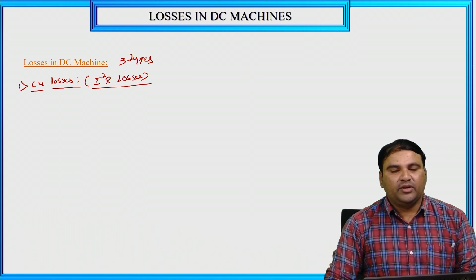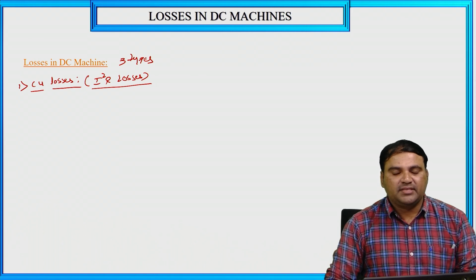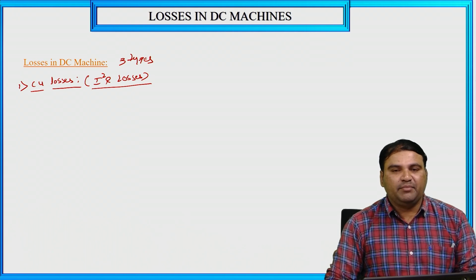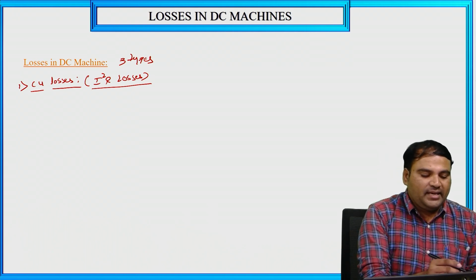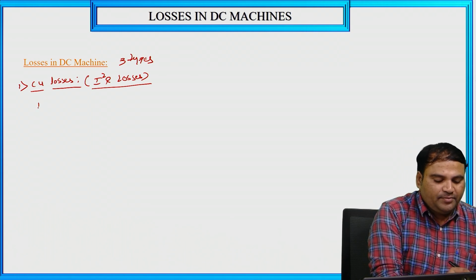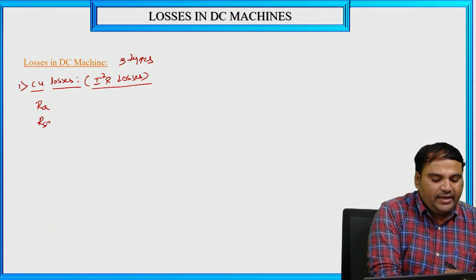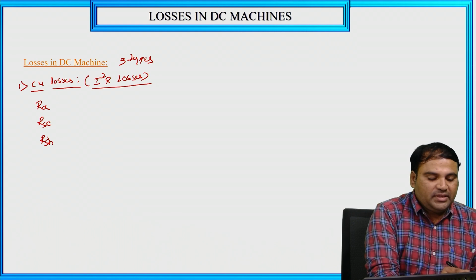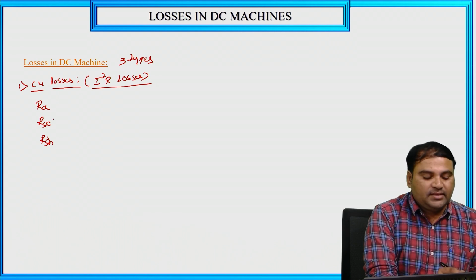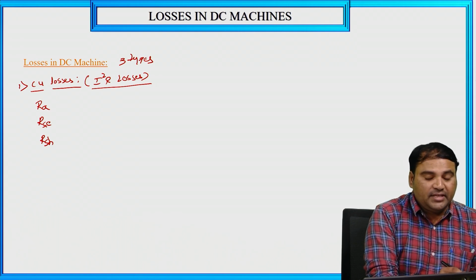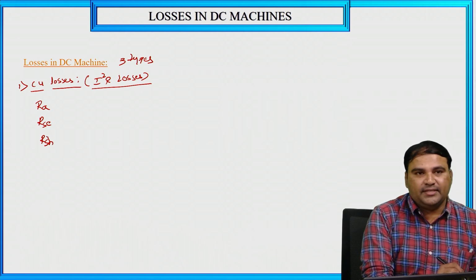In a DC machine, we have the armature winding, the series field winding and the shunt field winding. The armature winding has the armature resistance, the series field winding has the series field resistance, and the shunt field winding has the shunt field resistance.